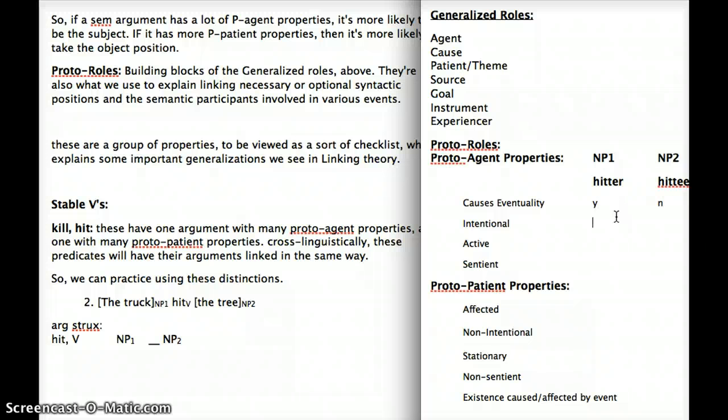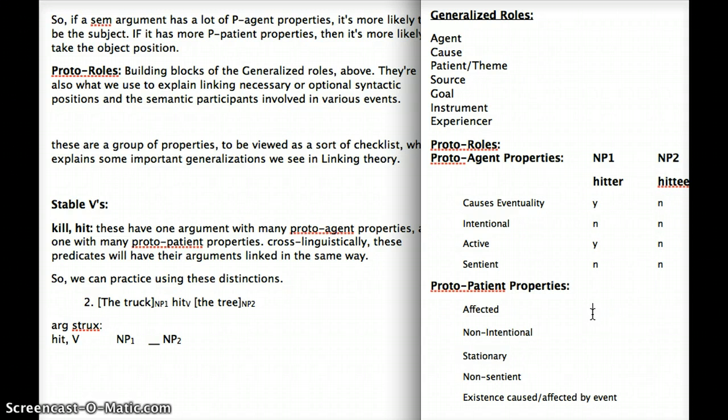And the hitter is not necessarily intentional, so we don't have to worry about this one. Neither is the hittee, as we can see from the truck hit the tree. The hitter is also going to be, it seems, somehow more active. We can debate about this, but I'm not going to. And the hitter can also be sentient, but doesn't have to, so I'm putting a no there. So we've already got a clear divide. The hitter has two proto-agent properties, and the hittee has none.